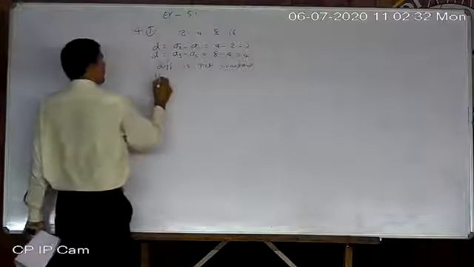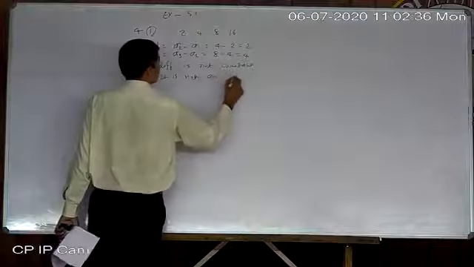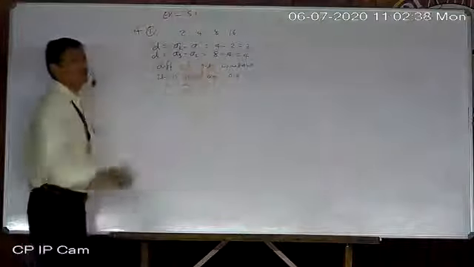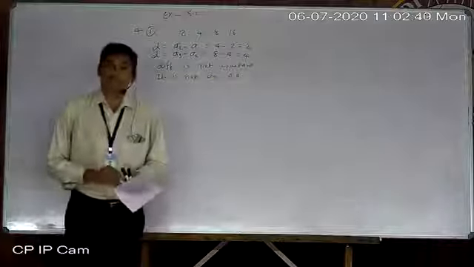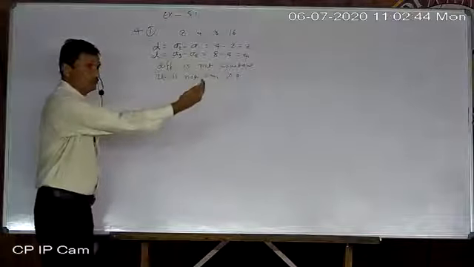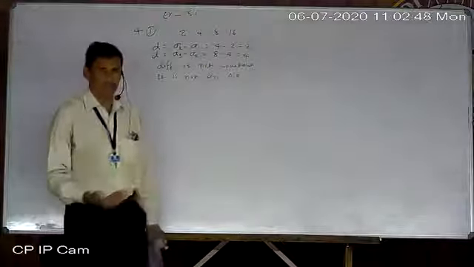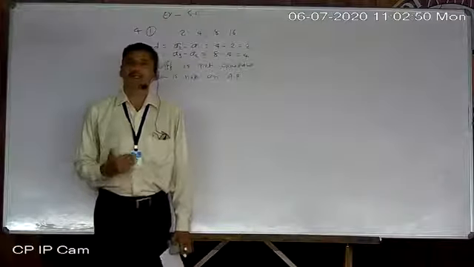Therefore, it is not an AP. So, no need to find the next 3 terms. Actually, here it is multiplied by 2, so it is not an arithmetic progression. If it is added by 2 or added by something, then it may be an arithmetic progression.